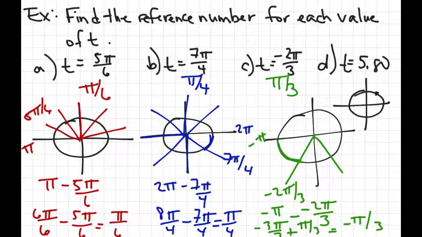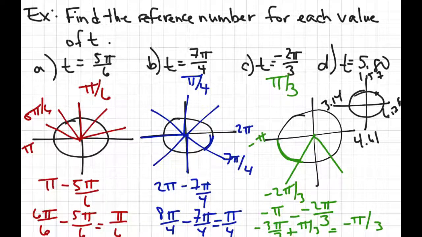If you want to know what it is in radians, just remember, what's pi? It's 3.14, so 3.14 is over here. Pi over 2 is like 1.57. 3 pi over 2 is, I don't know what it is, it's 4.71, something like that. And then 2 pi would be 2 times 3.14, which would be 6.28.